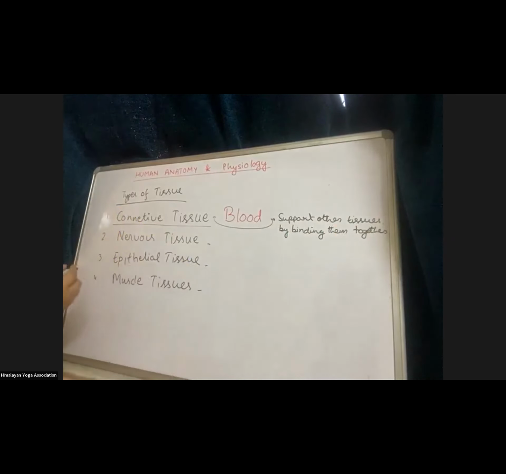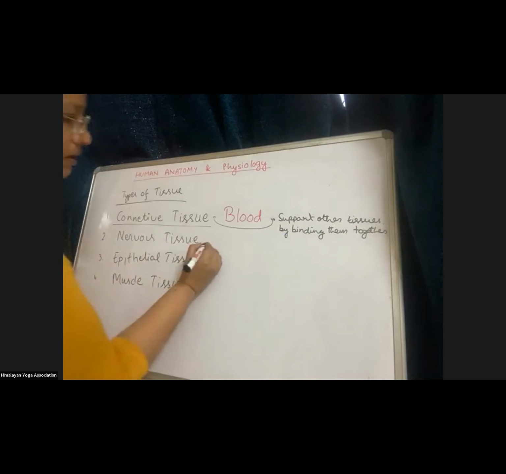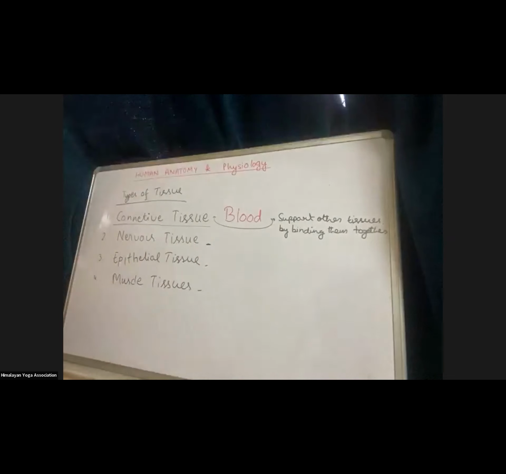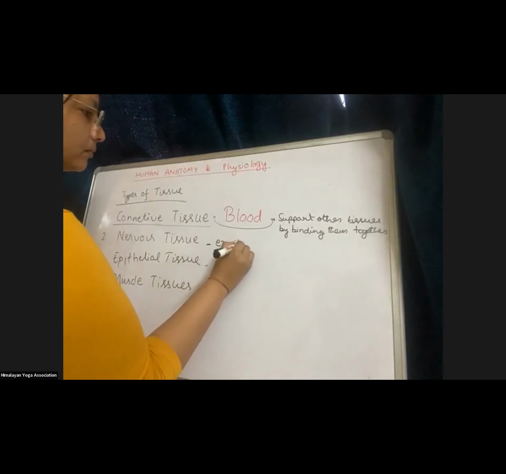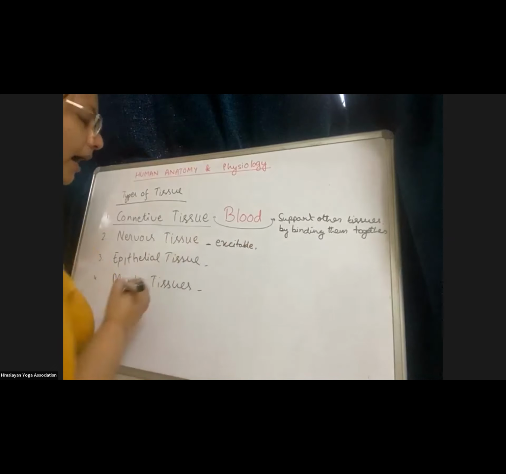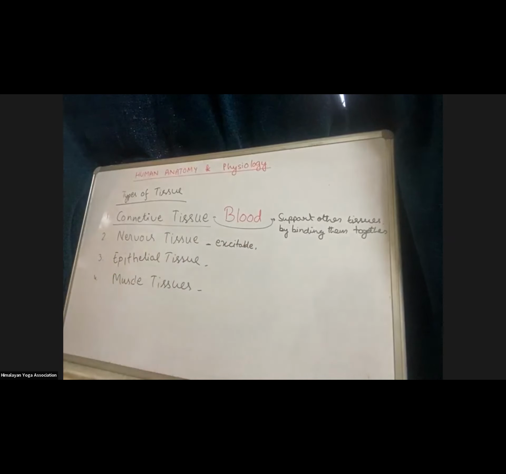Okay. Then nervous tissues. Can you guess from the name what this nervous tissue is? Connects to the nerves of the body. Yeah, these are the nervous tissues. These are excitable, and they allow the generation and propagation of electrical signals.